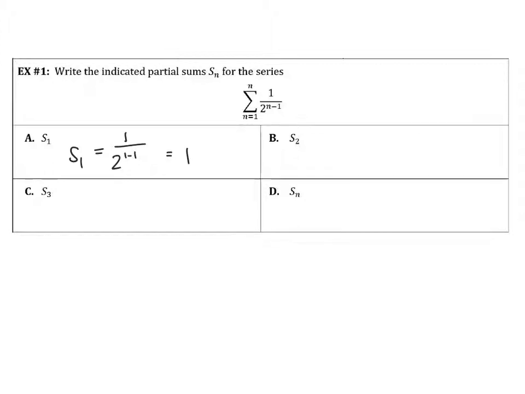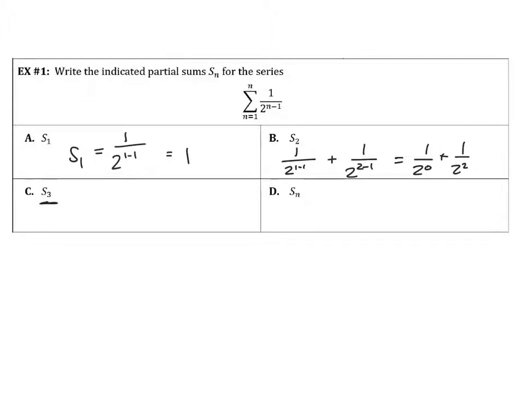So for the next partial sum, we're going to have S sub 2. For S sub 2, we're going to have our previous 1 over 2 to the 1 minus 1 plus 1 over 2 to the 2 minus 1. So we're going to have 1 over 2 to the 0 plus 1 over 2 to the second.